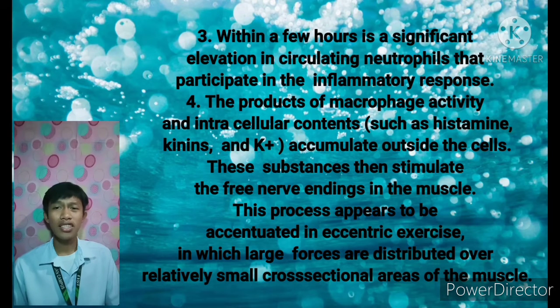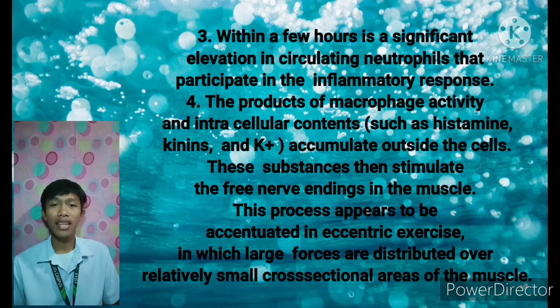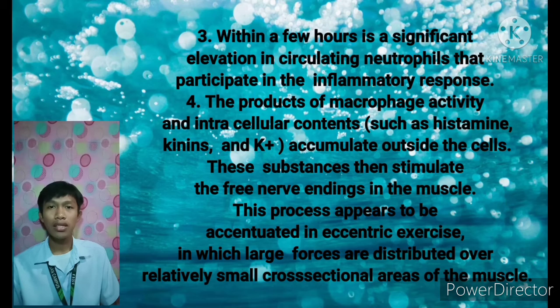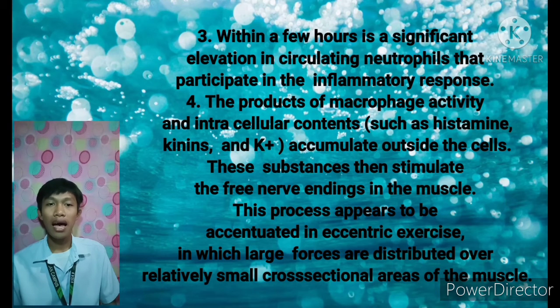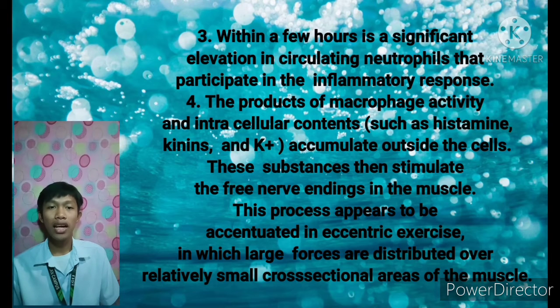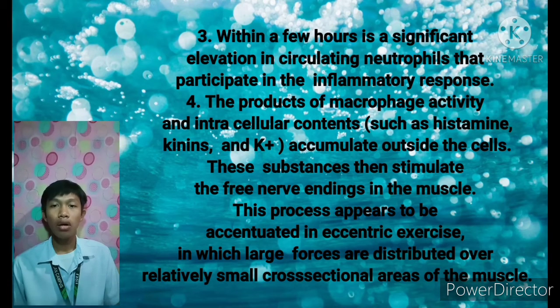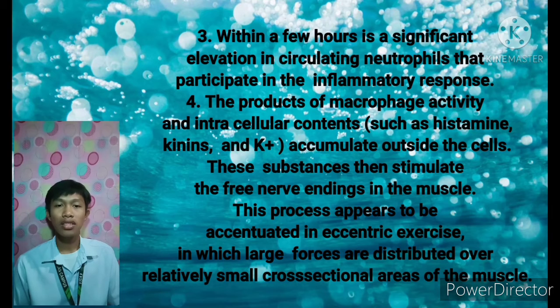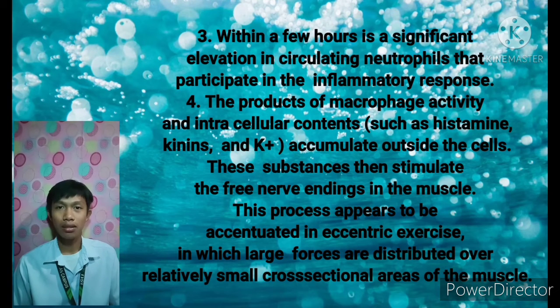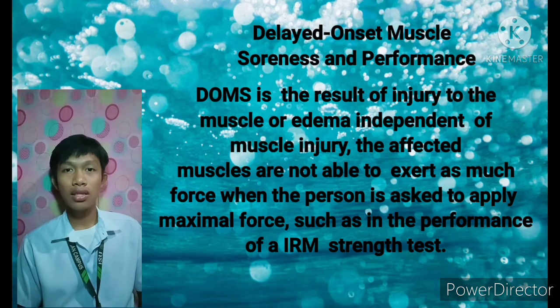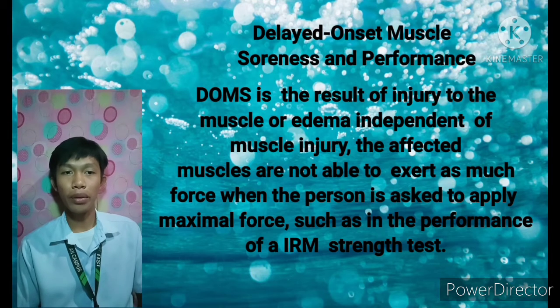These substances then stimulate the free nerve endings in the muscle. This process appears to be exaggerated in eccentric exercise, in which large forces are distributed over relatively small cross-sectional areas of the muscle.